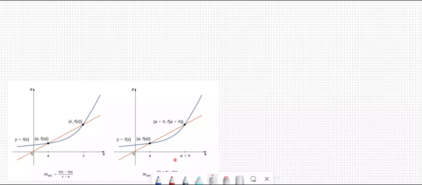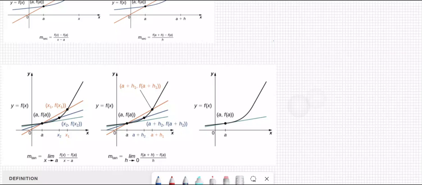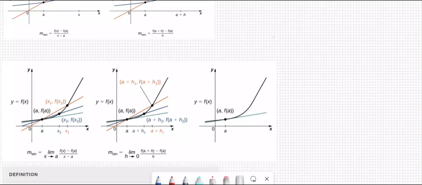And so what we're going to do is, if we start getting these 2 points closer to each other, a secant line becomes like a better estimate of the slope at the point that we're looking for. And so here's that kind of in a static mode. So here we're just doing a comparison.